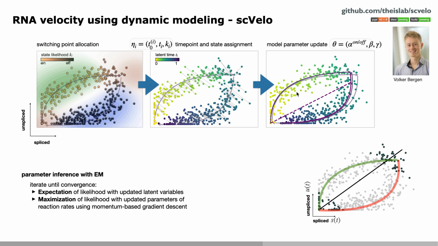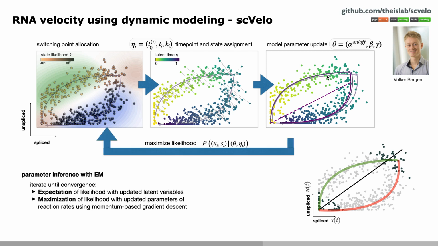And then we update the model parameters, which means that we actually update the shape of this curve of upregulation and downregulation or off switching of the genes. This process is iterated until the likelihood model is maximized, and then we return the parameters for the model. And yes, this model is optimized for every single gene.